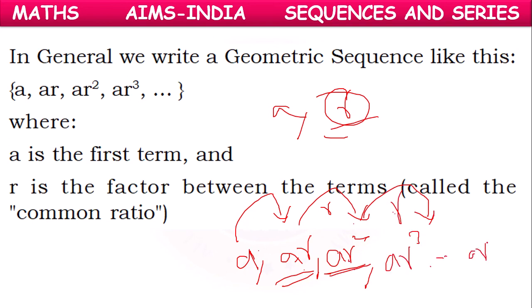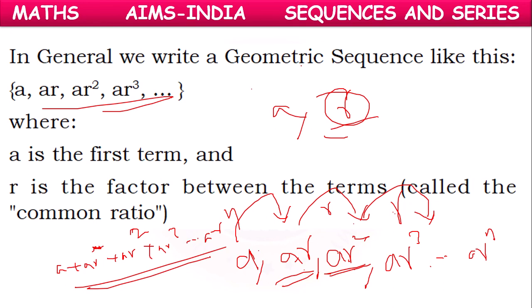Like that up to AR to the power of n. So this will be the general form of geometric sequence, and the sum A plus AR plus AR square plus AR cube and so on, AR to the power of n. This summation will be an example of geometric series.